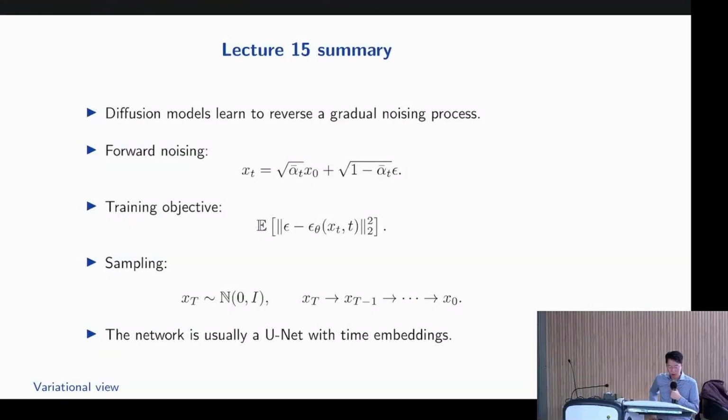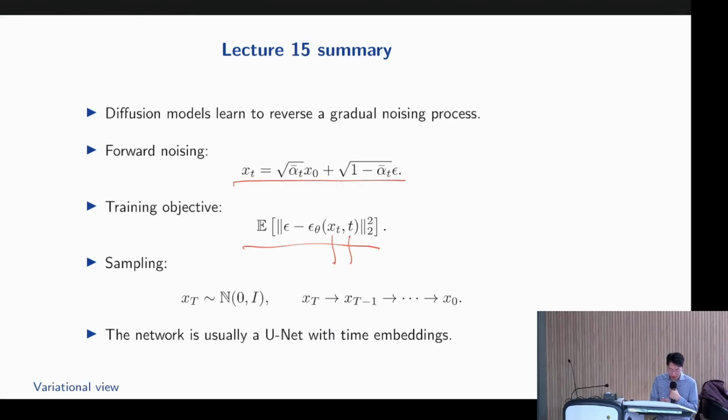Okay, so let's do a brief summary. Diffusion models learn to reverse our noising process, which is Gaussian, where we shrink the mean towards zero just a little bit per step and add some Gaussian noise. So we can generate one-step forward noise, and the training objective is to predict the added noise through a neural network that takes as input the T-step noisy image and the time index.